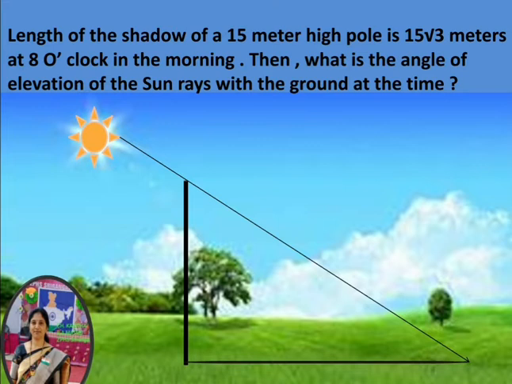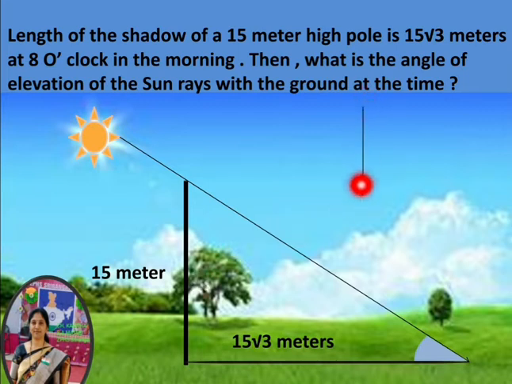And here it is given that the height of the pole is 15 meters and the shadow length is 15 root 3 meters. So this is the concept, and here we have to find the angle of elevation of the sun rays with the ground. So here we get the angle, and we don't know this angle. Now draw the suitable diagram for this. So for the pole, I am considering a vertical line.